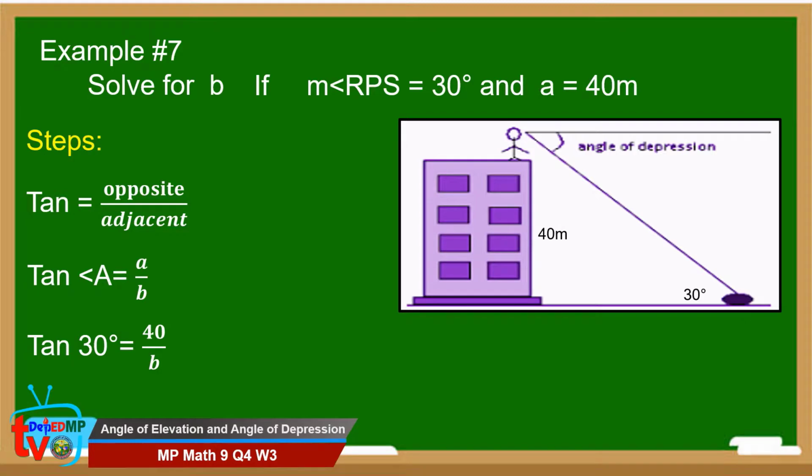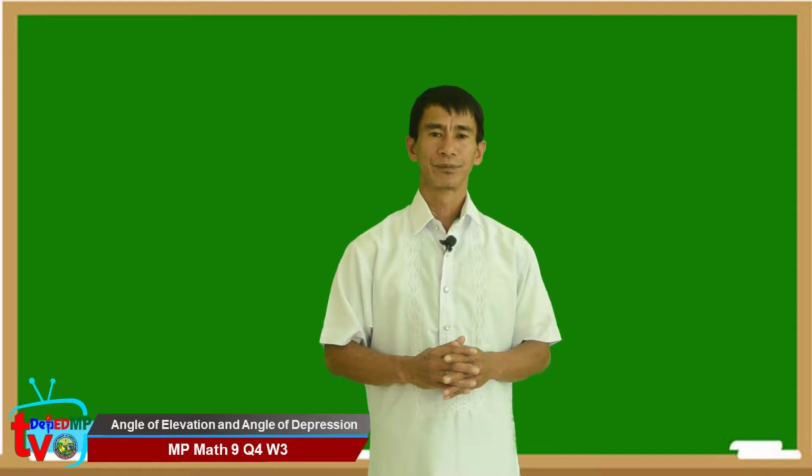Using our calculator, press 40, press the fraction symbol, press tangent, press 30, and press equals. Result please. Excellent. It is 69.28 meters.